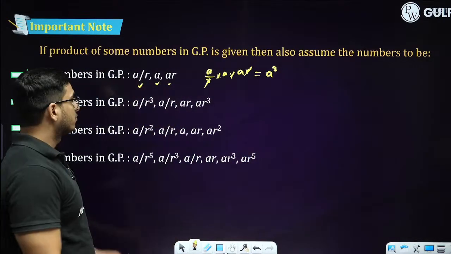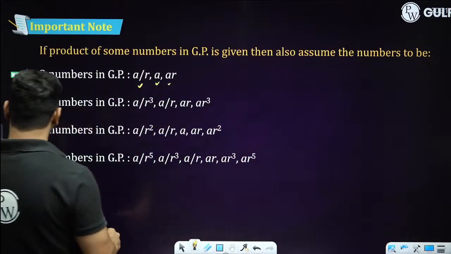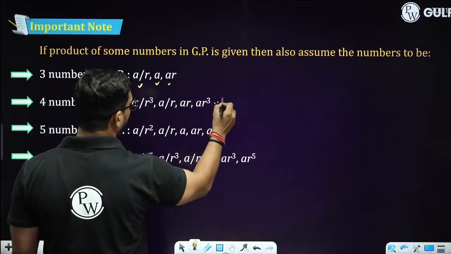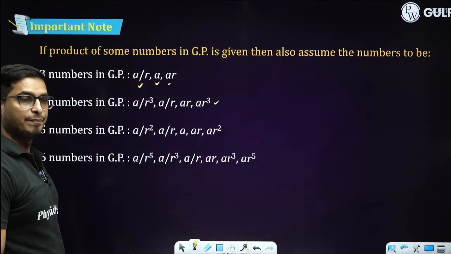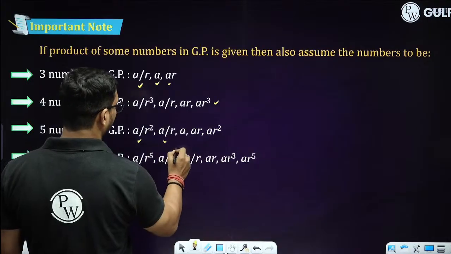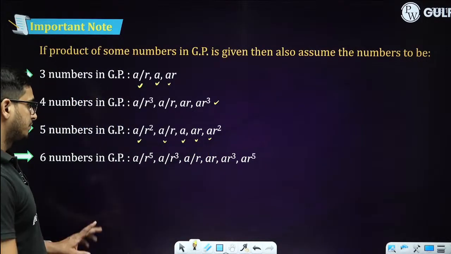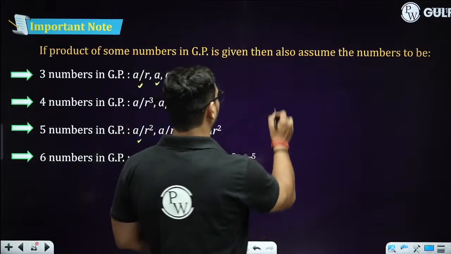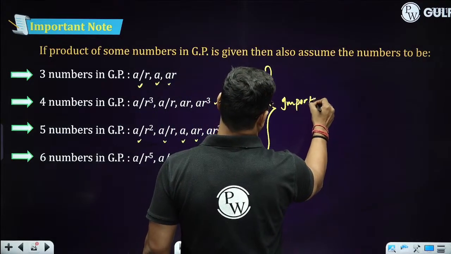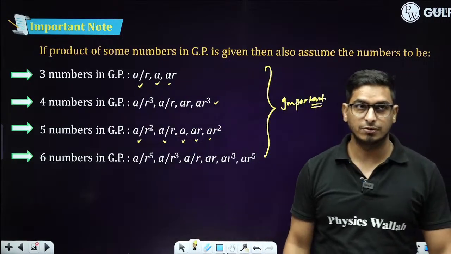If you take four numbers in GP, they are A by R cube, A by R, AR and AR cube. Then 5 numbers in GP: A by R square, A by R, A, AR, AR square. This is important.